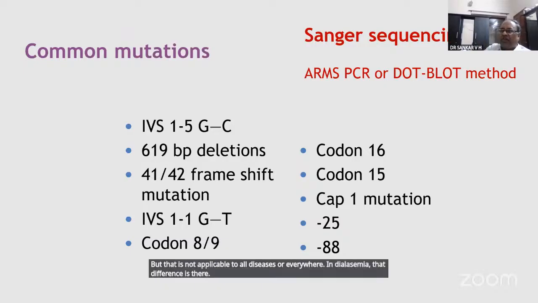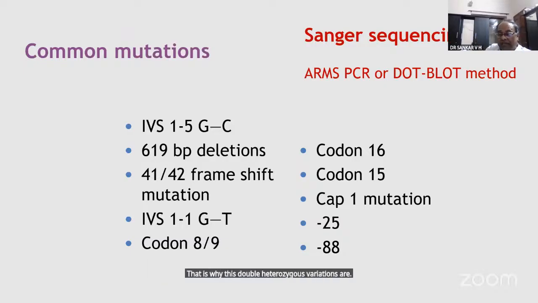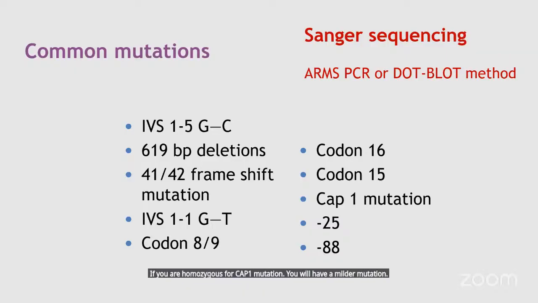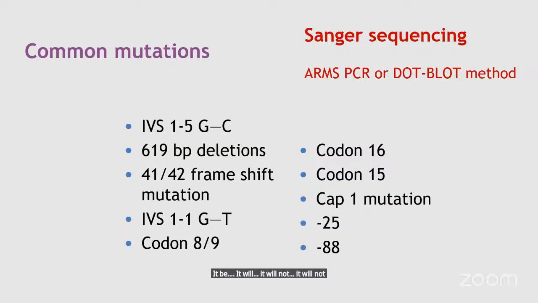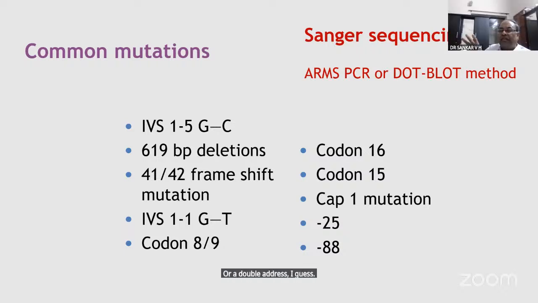Similarly in thalassemia, if you are homozygous for a Cap site mutation, you will have a milder phenotype. So it is not based on whether it is homozygous or double heterozygous. Meghna, please mute yourself. It is based on what type of mutations you are dealing with.